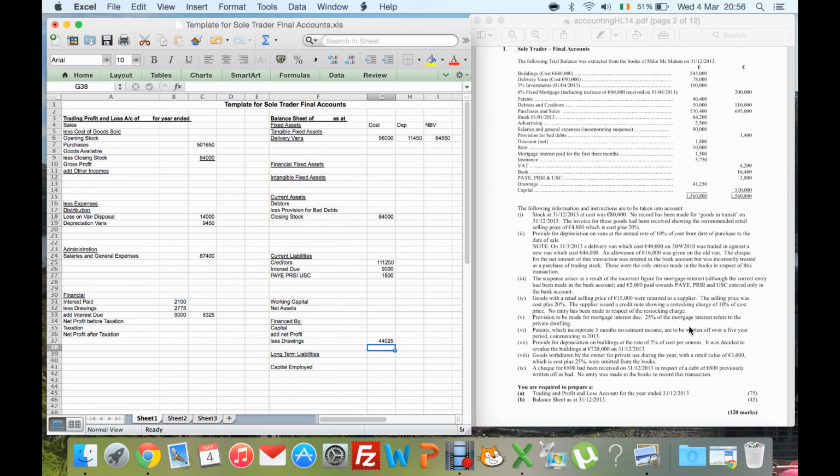Patents, which incorporate 3 months investment income, is written off over a 5-year period. So we know that patents are an intangible fixed asset. And we're writing some of it off, so we're going to include that as an administration expense. So we need to look at our patents, and then we need to deal with our investment income.